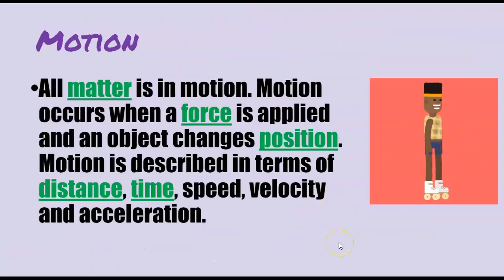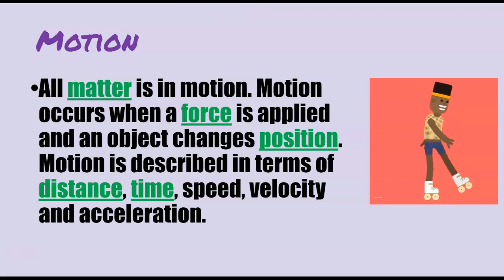So motion. All matter is in motion. And if you think back to a couple topics ago, we talked about how the Earth rotates on its axis. We are constantly moving. But we're going to look a little bit further into motion as in motion that we can physically see as opposed to the motion that is actually happening.